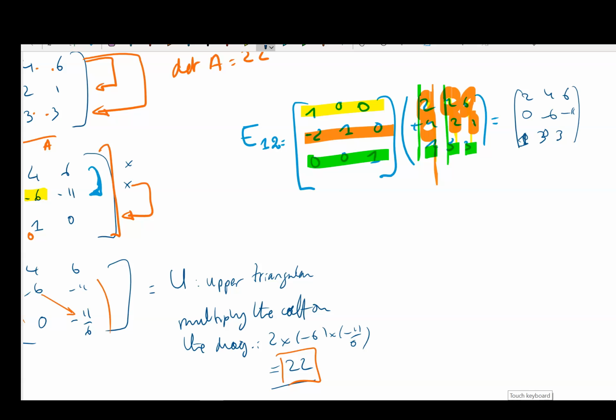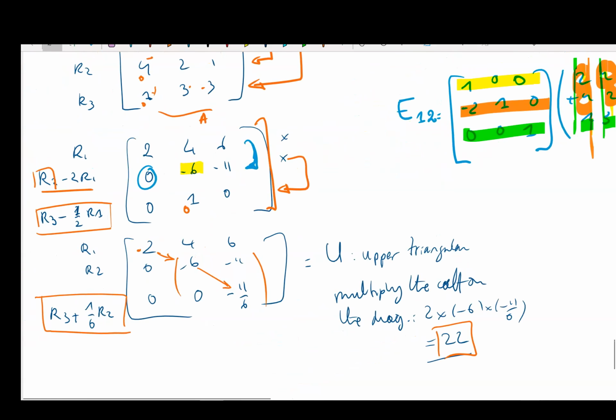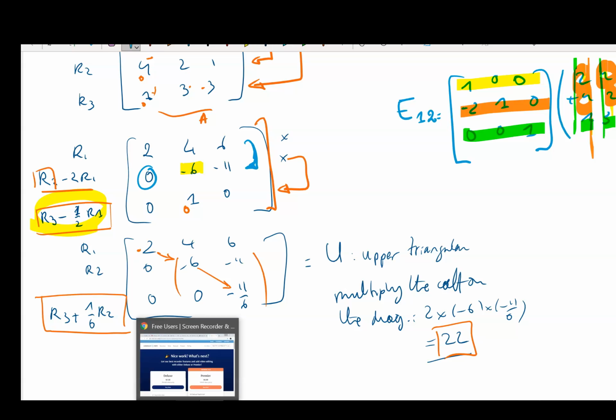Okay, so similarly, when I want to do then the other operation, let's give it a similar name. So I'm using my pivot on row 1 in order to take out, to put my 0 here.